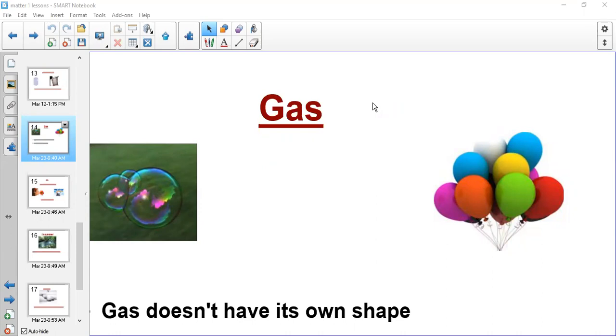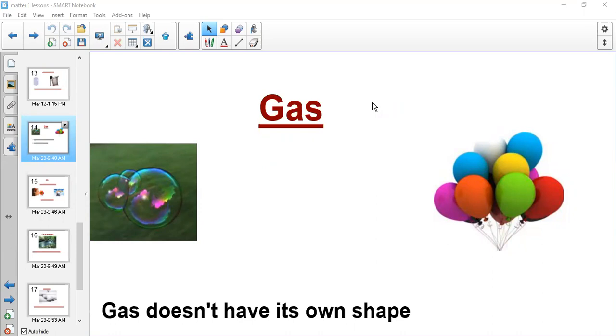Today we will learn about what gases are and what we can observe about gases. We covered liquids last week, and this week we will talk about gas. We said that liquid doesn't have its own shape; it takes the shape of its container.